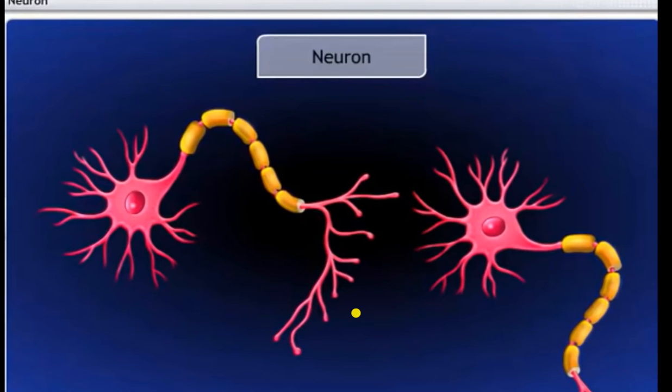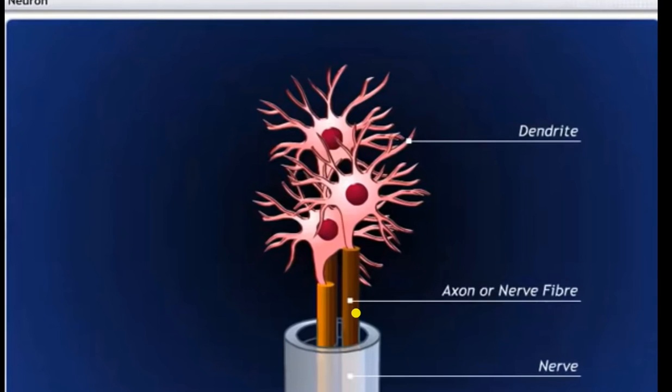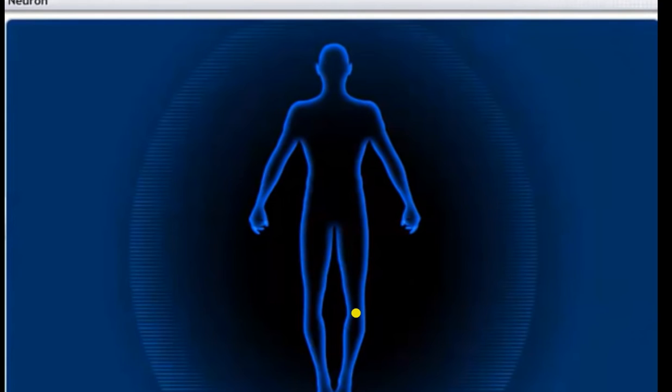The axon terminals of each neuron are placed near the dendrites of another neuron, and this gap between the two neurons is called a synapse. All such axons or nerve fibers are bundled and enclosed in a sheath to form a nerve.